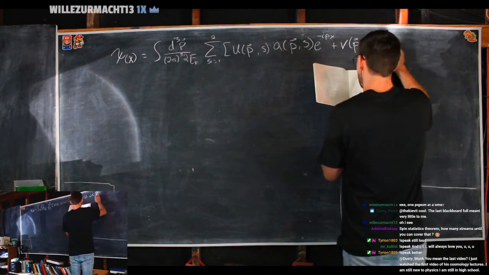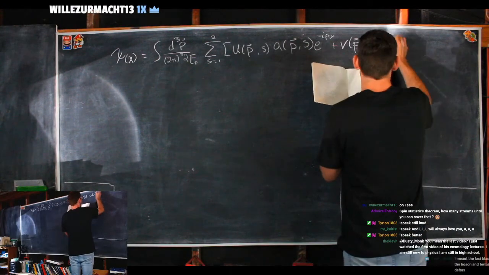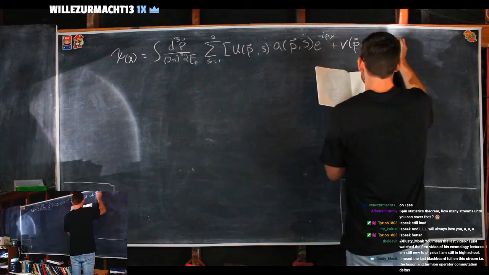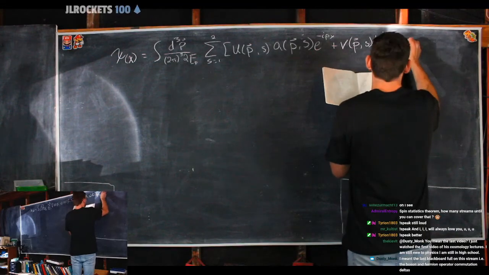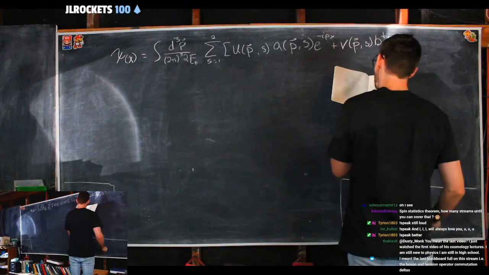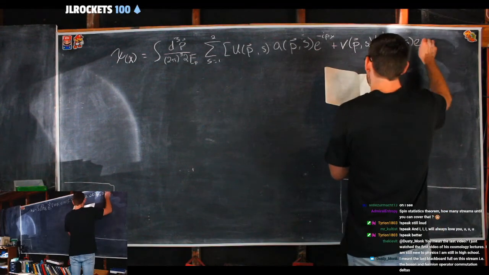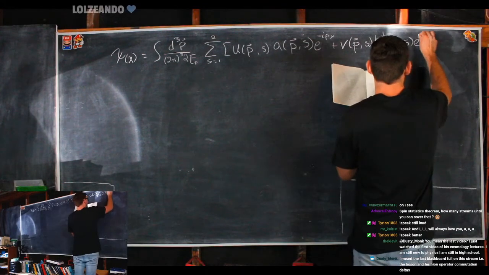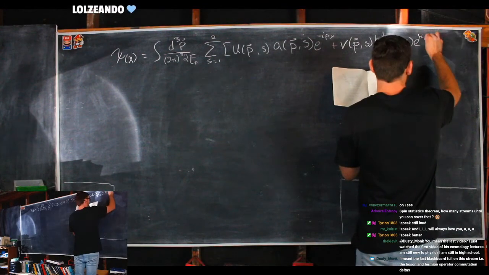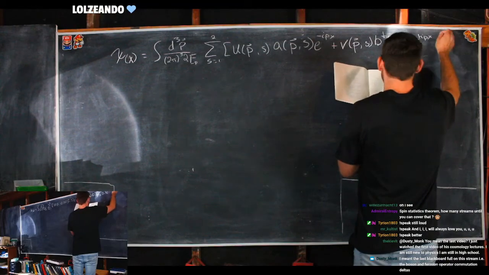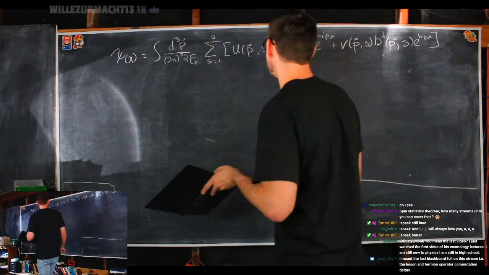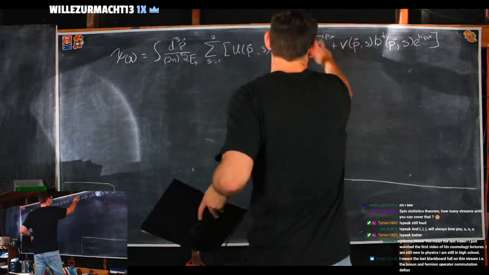We have the A's and B's, which are now going to be our creation and annihilation operators. The A is for the particle, creation and annihilation. The B is for, if you can believe it, the antiparticle. So we want different ways of describing particle and antiparticle.